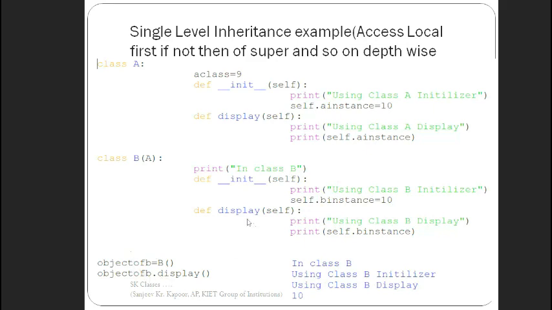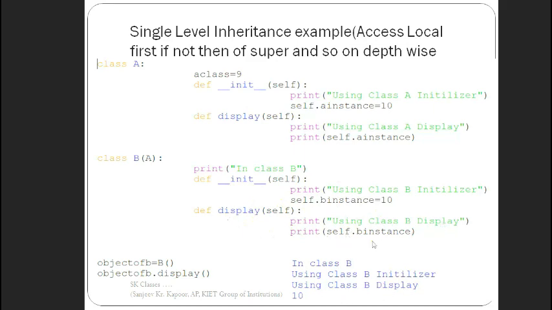Now what we are doing is calling the display function of this object of B. Display is in both class A and class B. As we inherited class A, this display is also part of class B. Now which display should be called? Again we have two functions with the same name, so priority is given to the function that is locally defined.